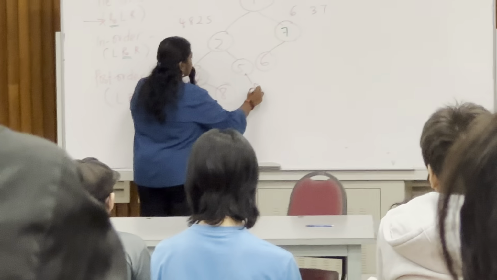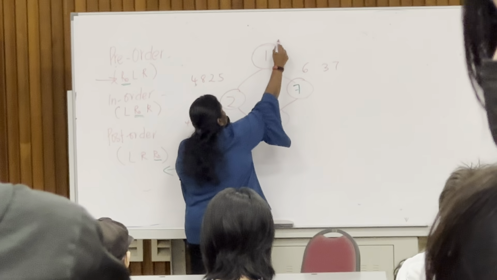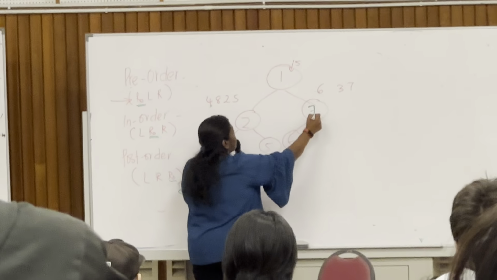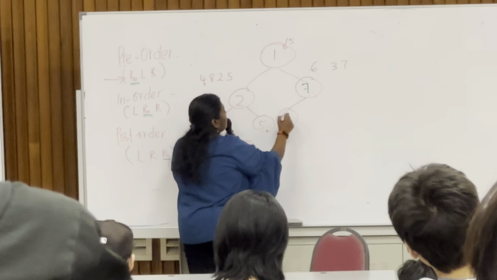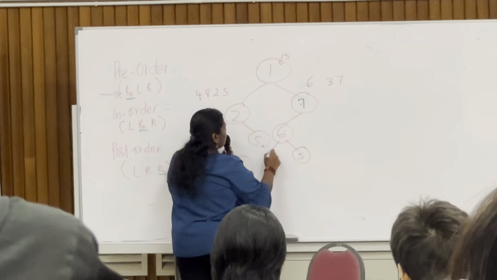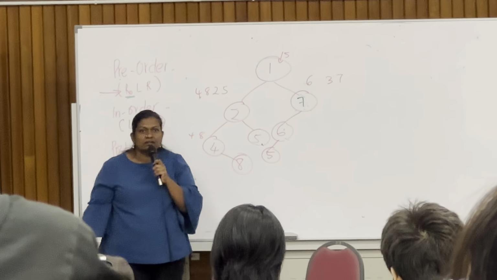A lot of students make mistakes here. Can I add 5 like this? No. Add 5: check, less or more. Come here, check, less or more. Check, less or more.